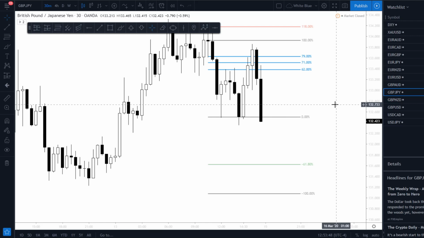But yeah, I advise you not to trade Fibonacci on its own. You can, of course, but using Fibonacci on its own is not something that I do myself. I like to combine it with other things just to be able to get a better entry.